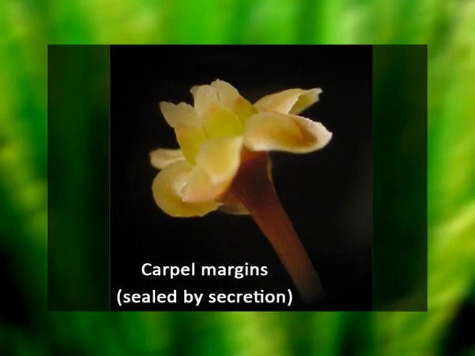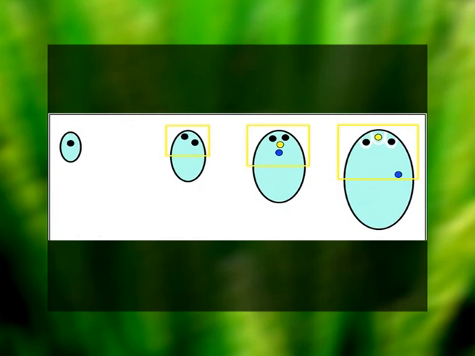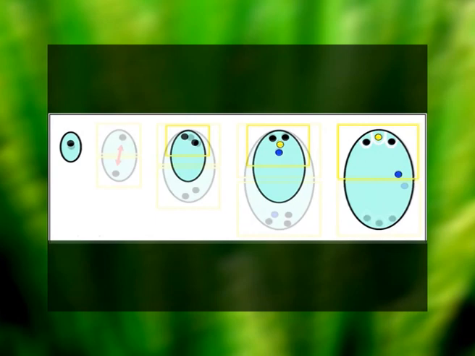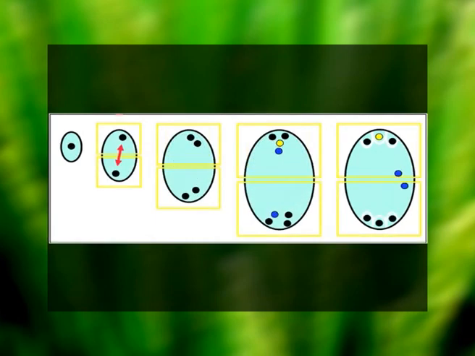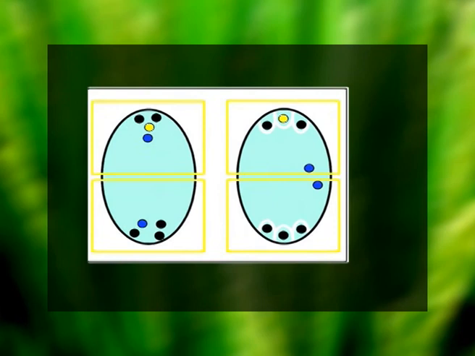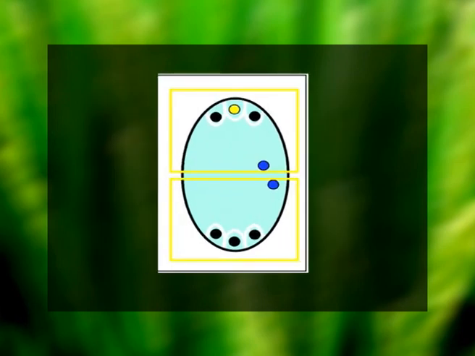This group may be characterized by carpel margins usually sealed by a secretion, whereas in the majority of angiosperms, the carpels are closed by post-genital fusion of epidermal layers. Members of these lineages have a 4-nucleate female gametophyte and, interestingly, diploid endosperm, whereas most angiosperms have an 8-nucleate female gametophyte and a triploid endosperm.